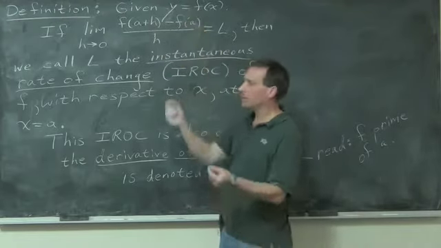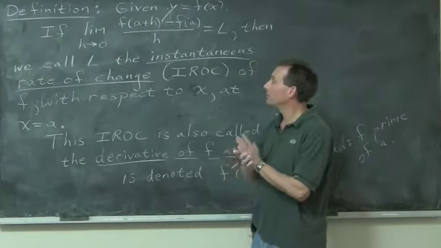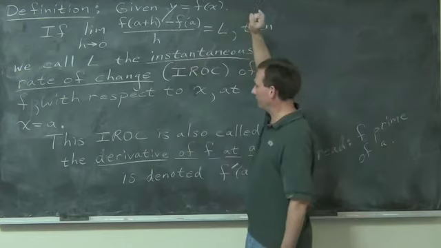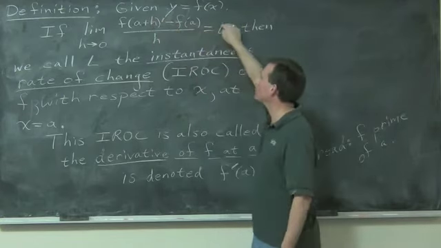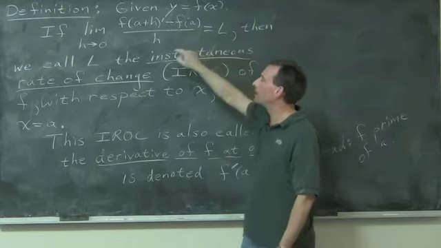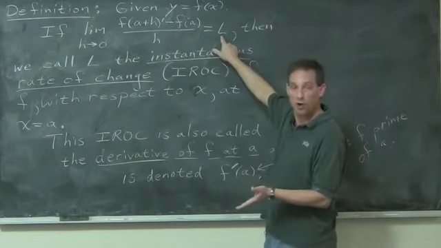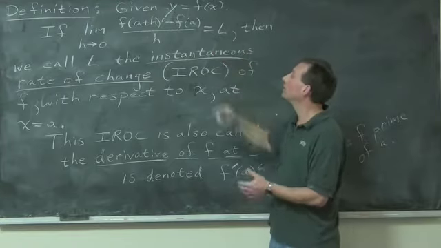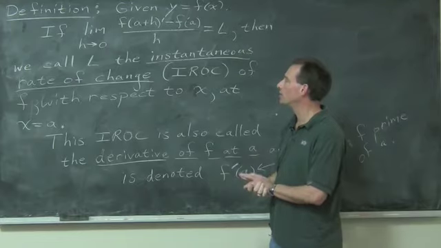If you can make this average velocity arbitrarily close to L by making h close enough to 0, then this L is what we call the instantaneous velocity, and in general, the instantaneous rate of change.